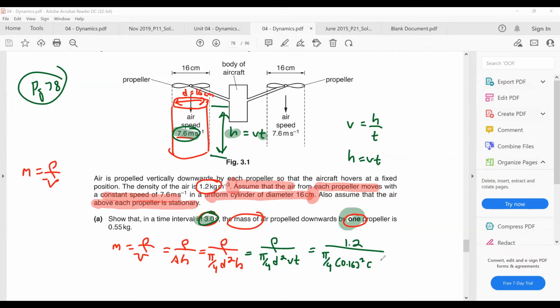Your velocity is 7.6 times your time of 3 seconds. You should be able to get the answer. Pi divided by 4 times 7.6 times 3, 1.2. Wait, I'm not getting the answer. Did I do something wrong?